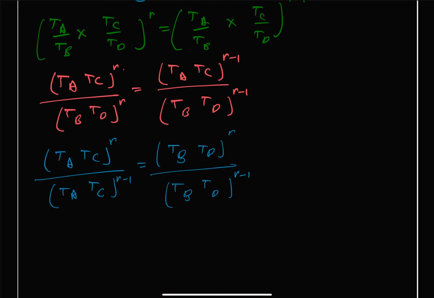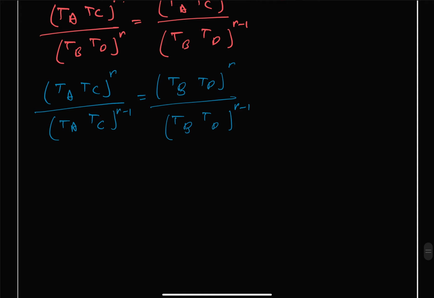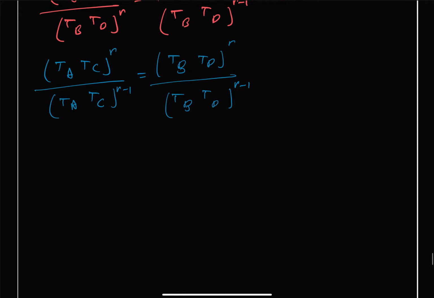Now it's quite easy to solve. We get TA TC, the base is the same, so the power comes out as gamma minus gamma plus 1, is equal to TB TD with gamma minus gamma plus 1.